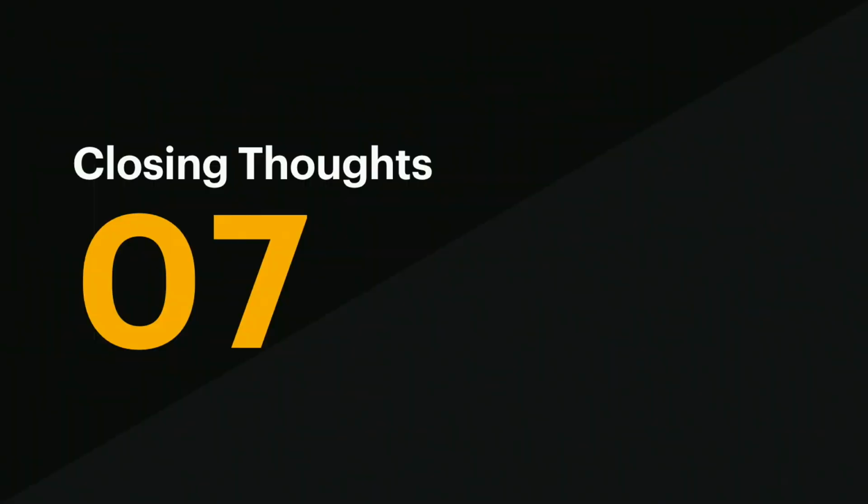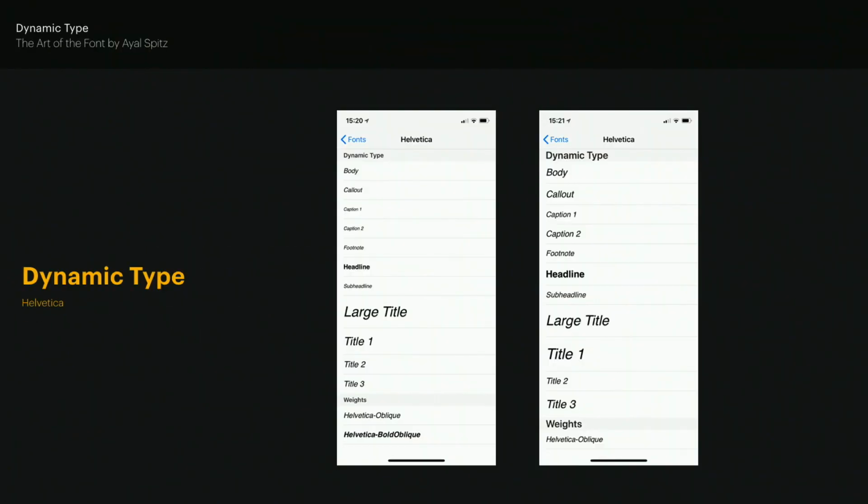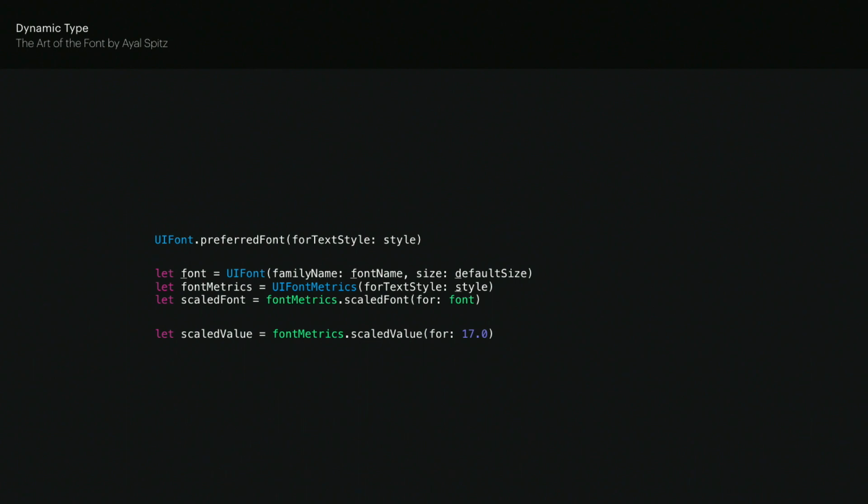Let's go back. So here, when you feed UIFontMetrics a font, the base font can be whatever size you'd like. So if you want to start at a much bigger font, right? But remember, that's your default size, what you're starting at. That's that baseline.